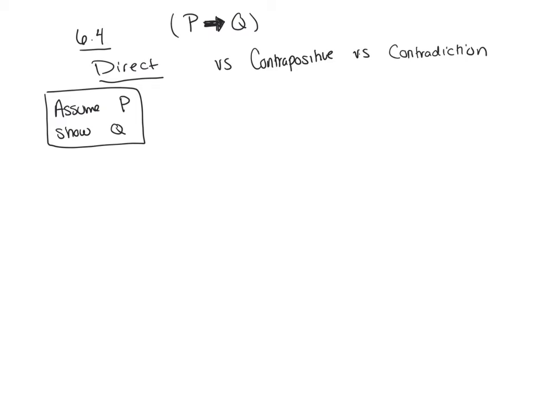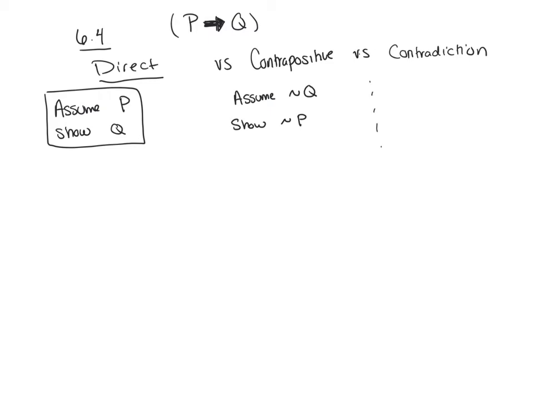Now, contrapositive and contradiction are pretty similar to each other, but there are some differences. For contrapositive, remember we're going to assume the negation of Q, and then conclude or show the negation of P. So that's how I do a contrapositive.